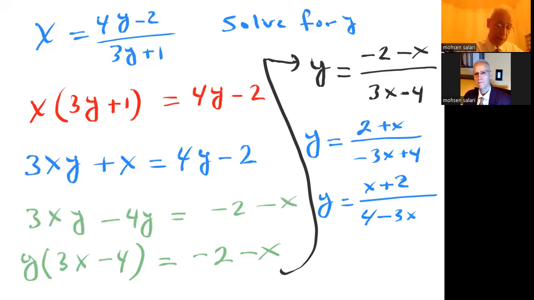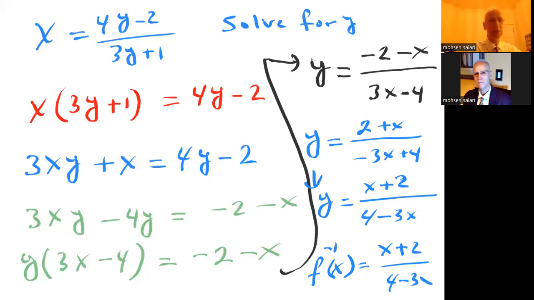And finally, remember this y in here is my f inverse of x. So f inverse of x equals x plus 2 over 4 minus 3x.